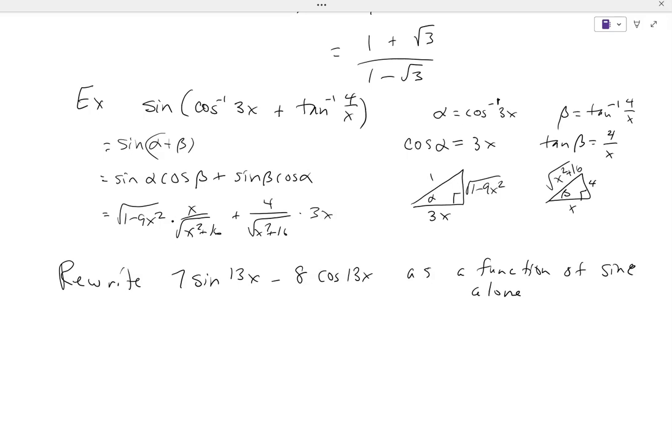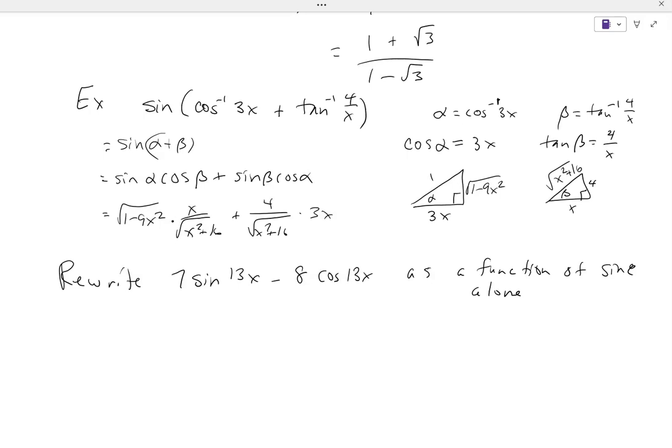I've got to figure out what the beta is. So this part right here needs to be representing cosine of beta, and this number right here better be representing sine of beta.